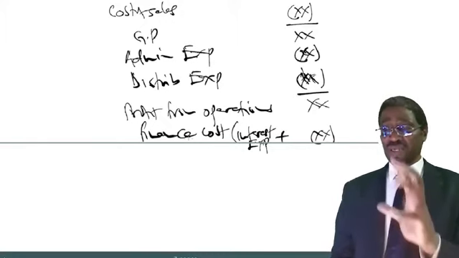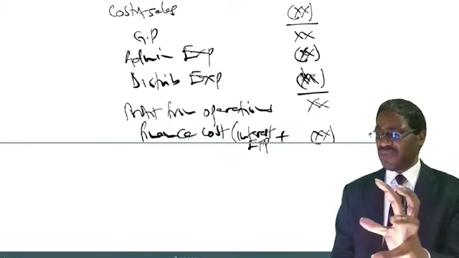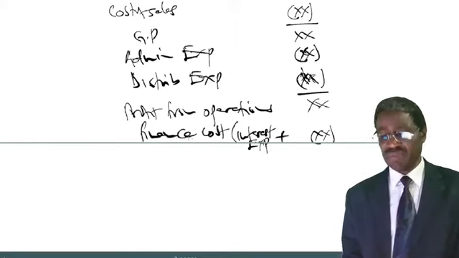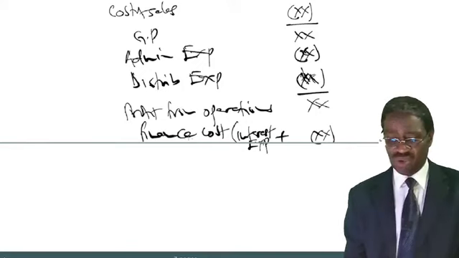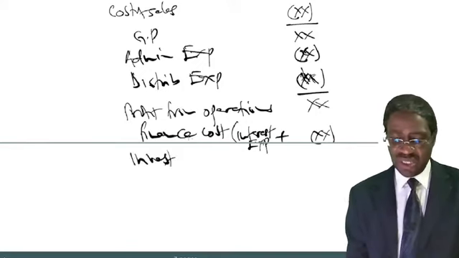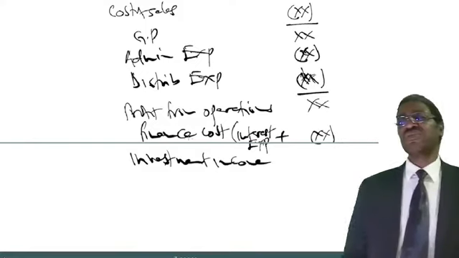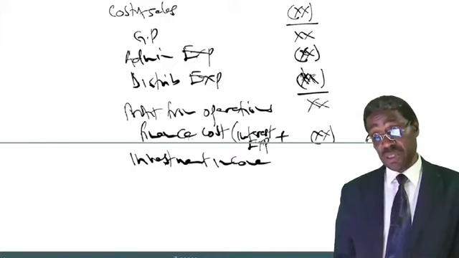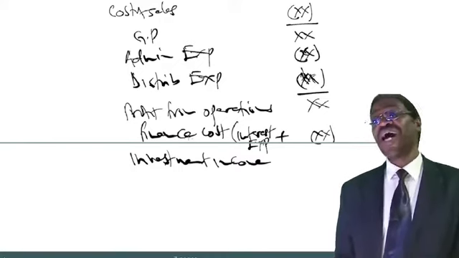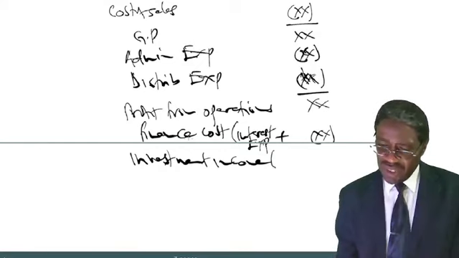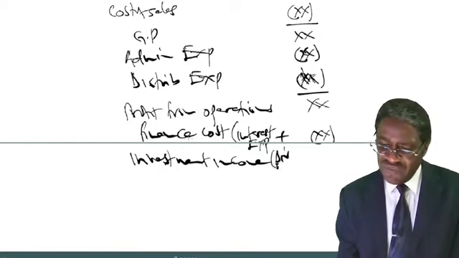Now, assuming you have identified the finance cost, you come to the next item, which is what we call investment income. As a company, you may have some investments, and those investments are earning you an income. That income could be in the form of dividend.